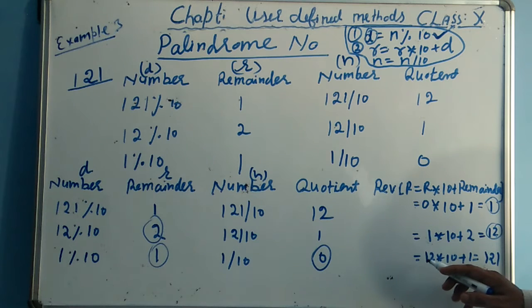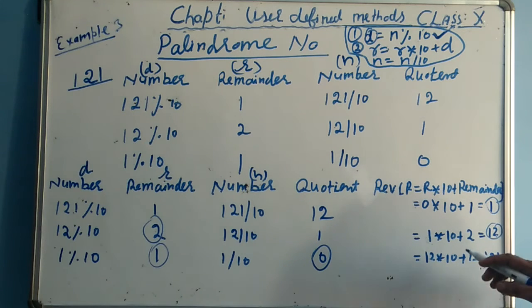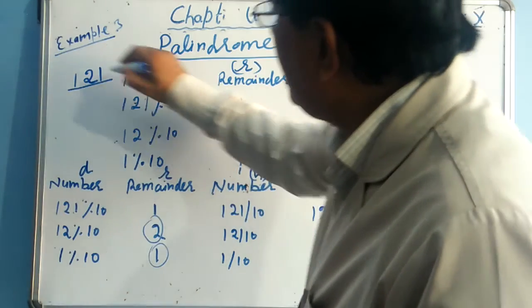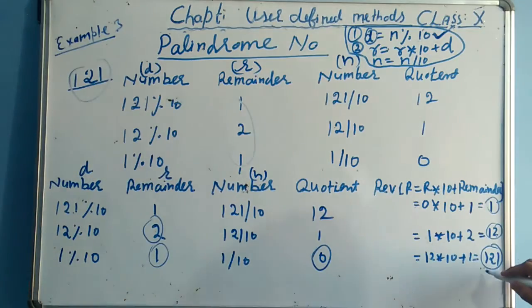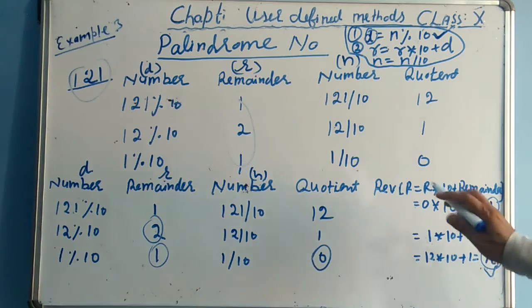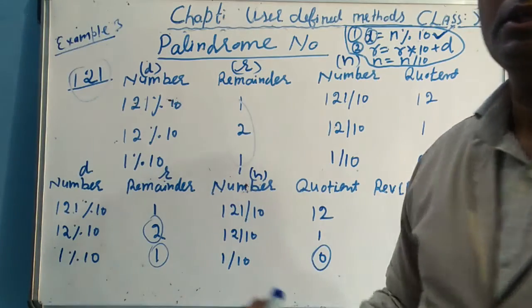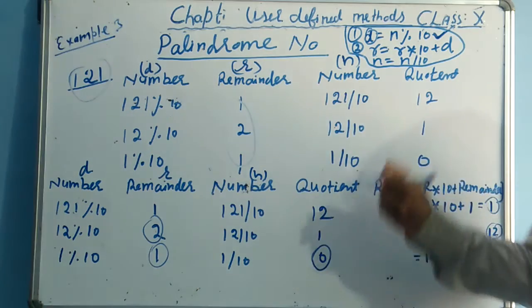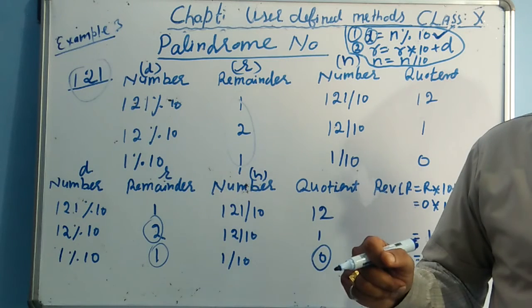So 10 multiplied by 12 is 120 and plus 1, 121. So then the reverse value of this number is 121. So it is the palindrome number.